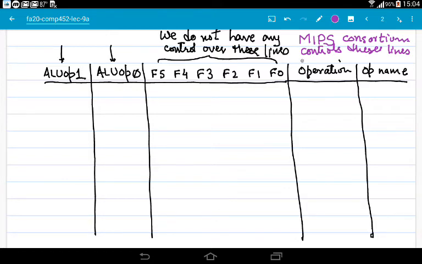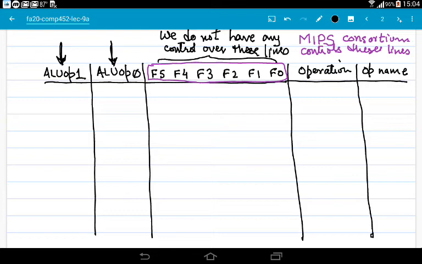We do not have any control over these 6 lines. We will just look it up in the MIPS specification document. But these lines, ALU op 1 and ALU op 0, are in our control. These 2 lines, this line and this line, are under our control.